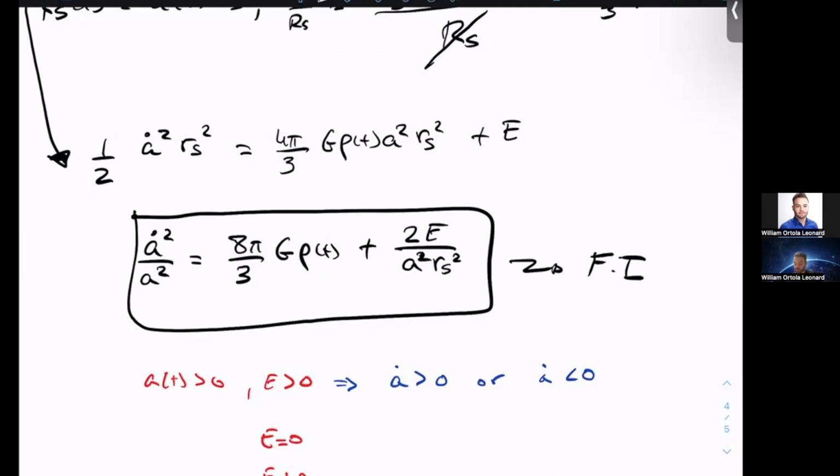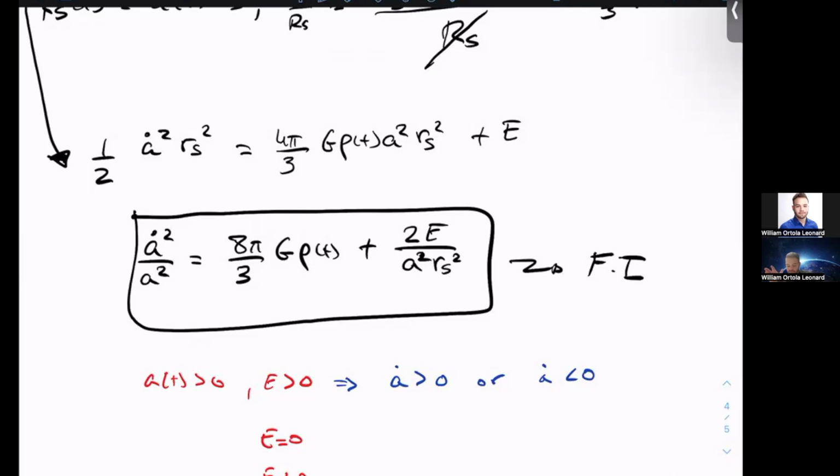Because the energy is negative, this term here must dominate at some point, and even if you start expanding, it will reach this point at which a dot is going to reach 0, and then it will just go back and the universe will start collapsing onto itself.